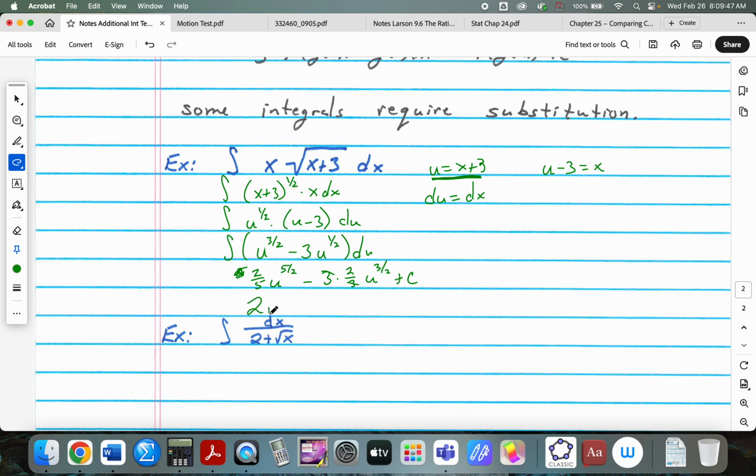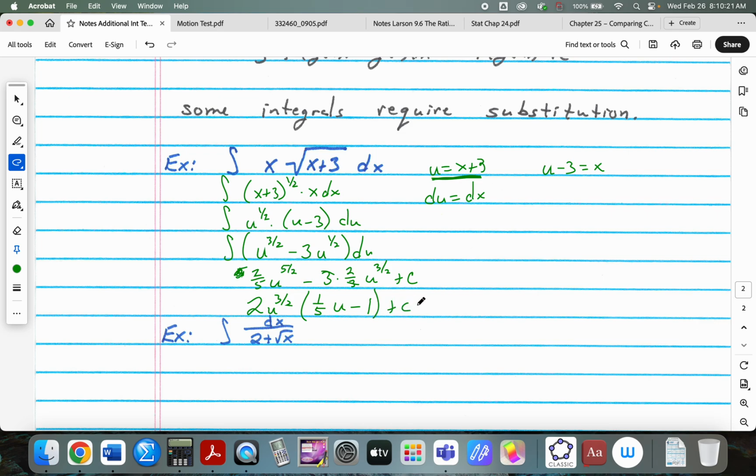So I'll have 2u to the 3/2 times 1/5 of, when I factor u to the 3/2 out of u to the 5/2, I'm left with u to the 2/2. I'm just left with u minus, well, what's left here? Just 1.